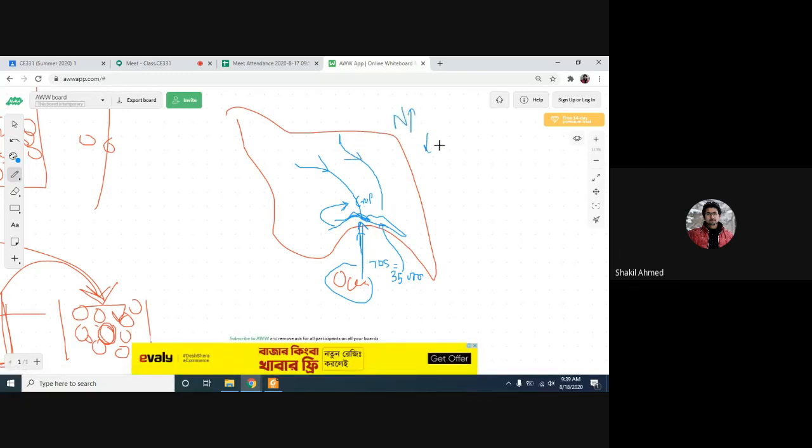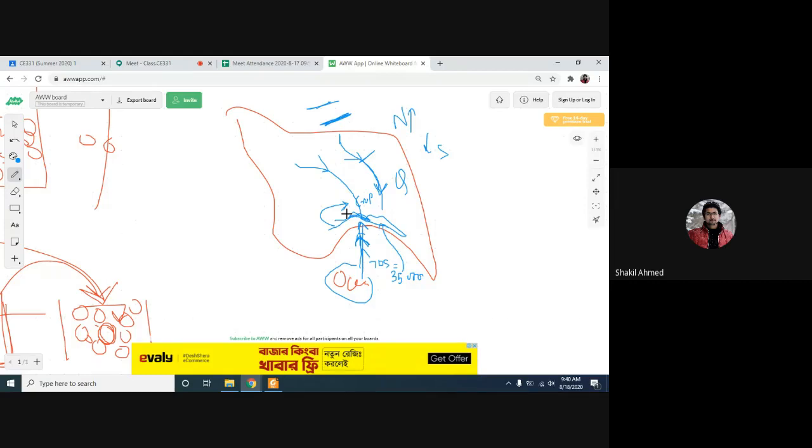Okay, this is south. Therefore, this flow actually hinders the ocean flow. Now, if you put a dam here, like Farakka and these things, then the upstream flow will be lower, and therefore you're giving the ocean flow more chance to come to the inland and pollute more and more water by salinity.